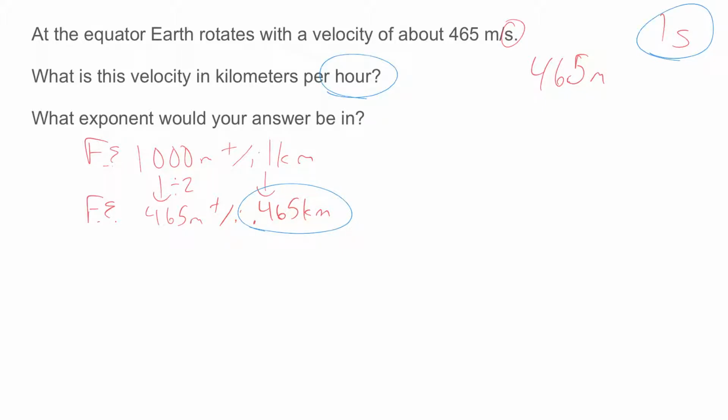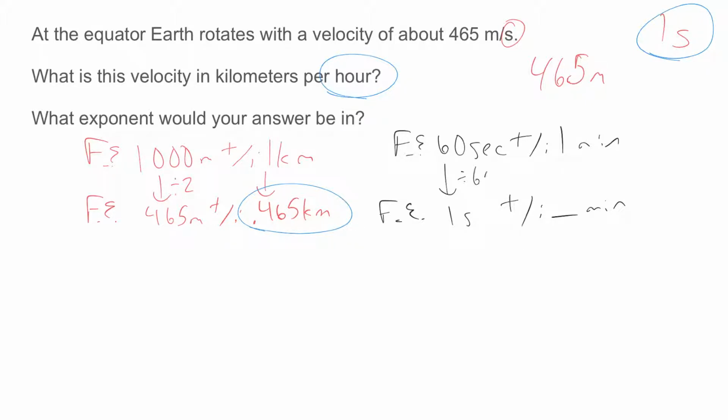So we could say, for that one, we know that for every 60 seconds, there is 1 minute. And for every 1 second, there is blank minutes. So we're going to divide by 60.